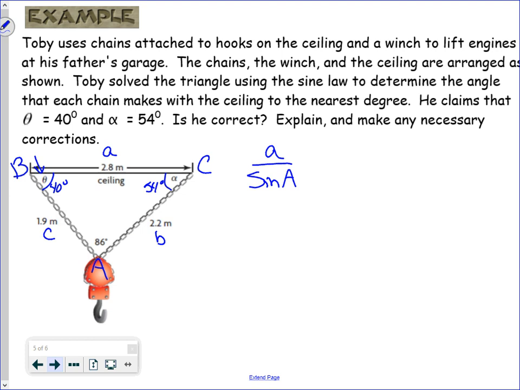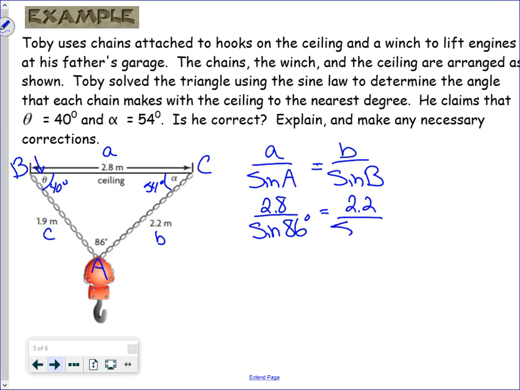We have the side length as well as the angle. And because I'm figuring out angle theta, that's going to be B, I'm going to have B over sine B. So now substitute in what we know. So A is 2.8. Angle A is 86, so sine of 86 degrees. B is 2.2 over sine B.